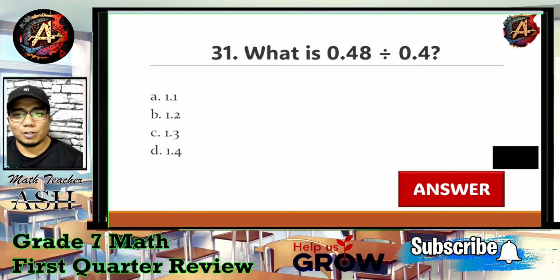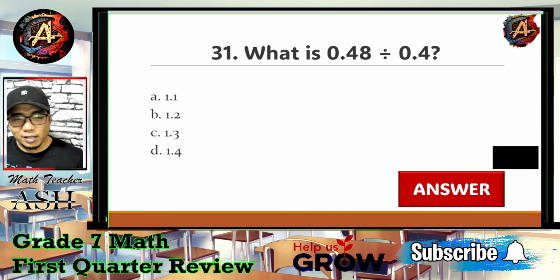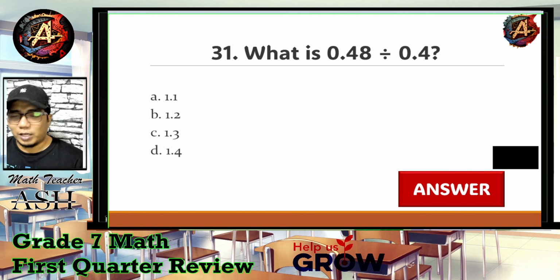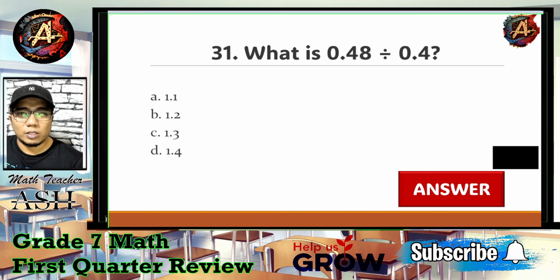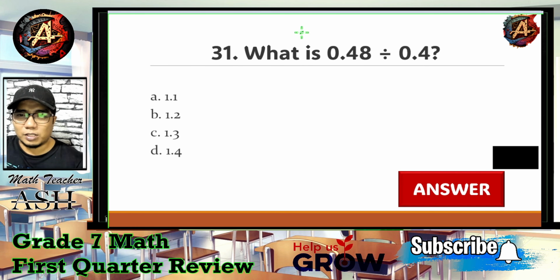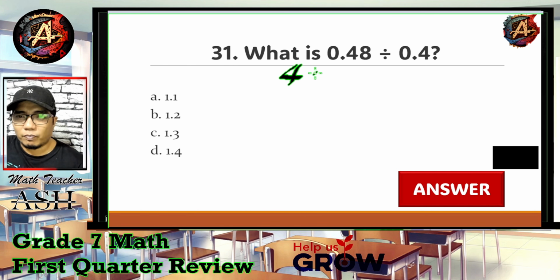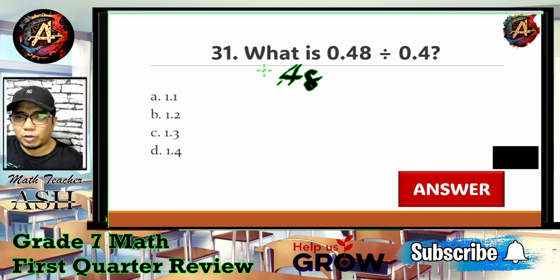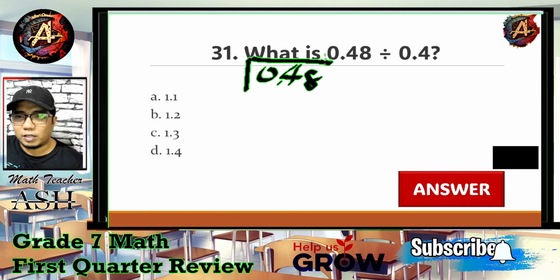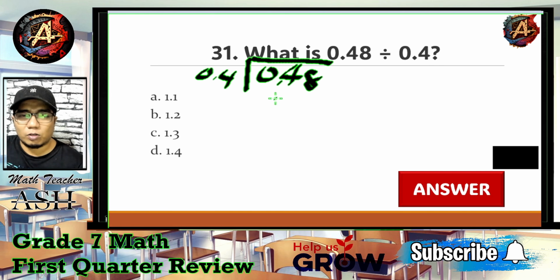Okay, my dear math learners, in dividing, we consider the rules in dividing decimals. If we have 0.48 or 48 hundredths, that is your dividend, divided by 0.4.